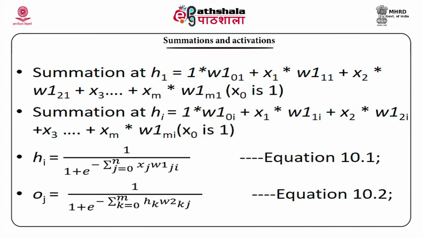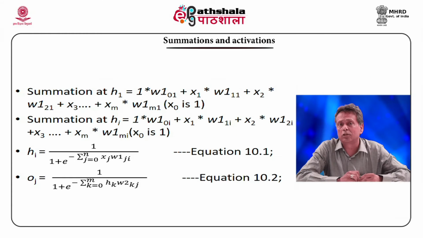You can set h1 equal to x0 into w1 01, because x0 is always 1, then plus the next input, x1 into w1 11, x2 into w1 21, x3 into w1 31, and so on till the last one. And remember, total values are m. So, we have the last one as w1 m1.